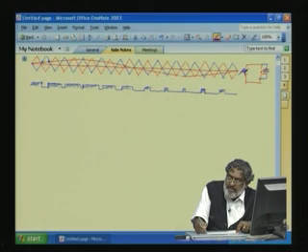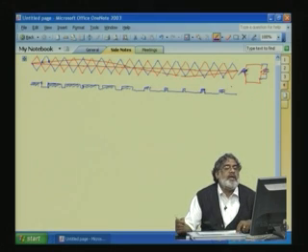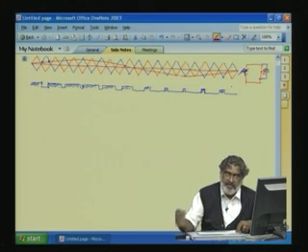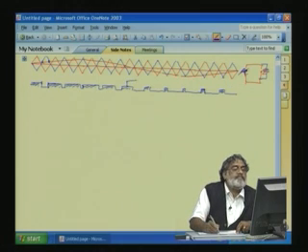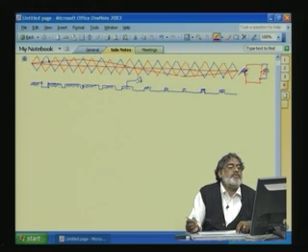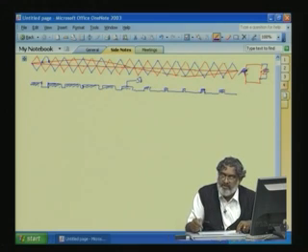All this hatched portion shows that the top switch S1 is on. The bottom one will be the complement.